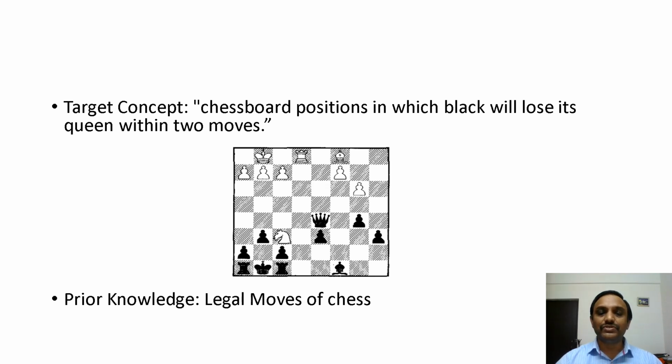All the legal moves of chess coins. By taking these legal moves, we can design. We are taking a white knight, and using its legal moves, either one horizontal and two vertical, or two horizontal, one vertical, like that.